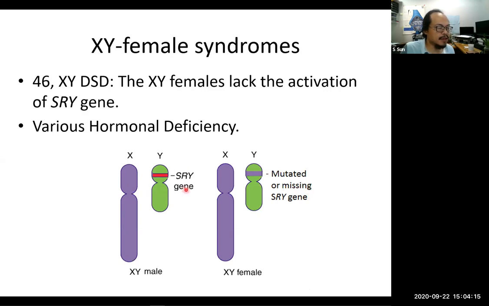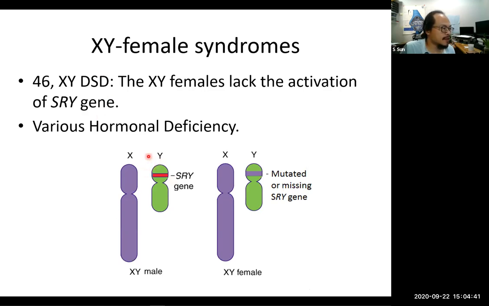So we don't have the SRY gene, we cannot develop into the male structure. XY female can have two different categories. One is the SRY gene, like this one here. The other one is that even though we have the SRY, but we have other hormones deficiency.